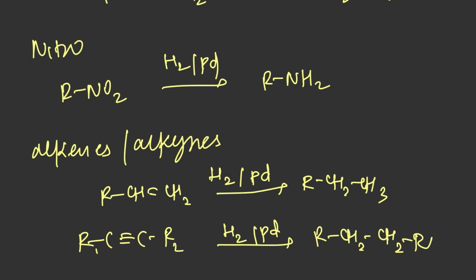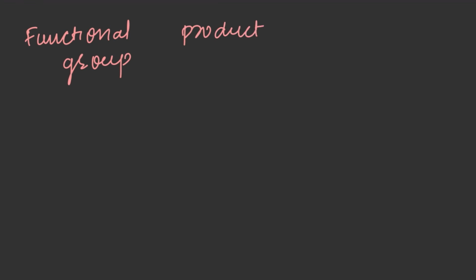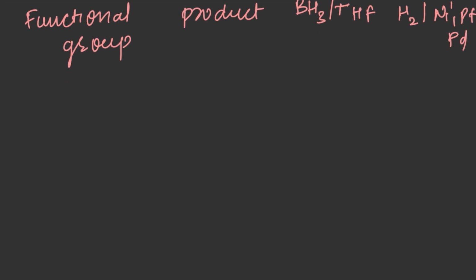Now let's put all the reactions on the same side. We have a functional group list here, and its products. We have seen the products with BH3 THF, and with nickel, platinum or palladium hydrogen. First we have RC double bond OH aldehyde.